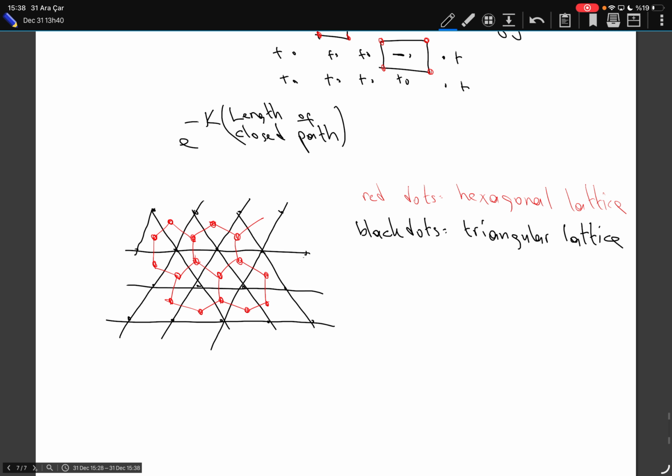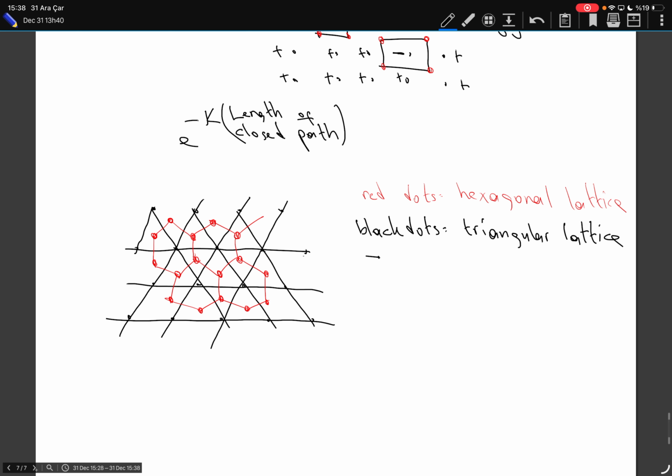So these two lattices, well, I mean, you can generalize it to other lattices also, like the square lattice. These are so-called dual lattices. A square lattice is self-dual, in the sense that the dual of a square lattice is also a square lattice.